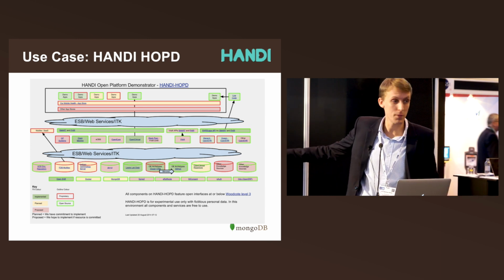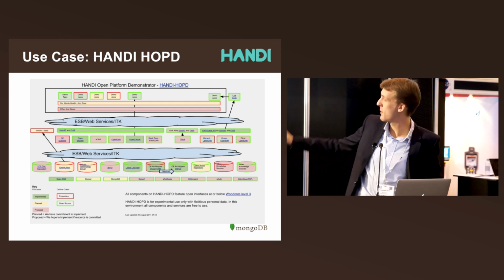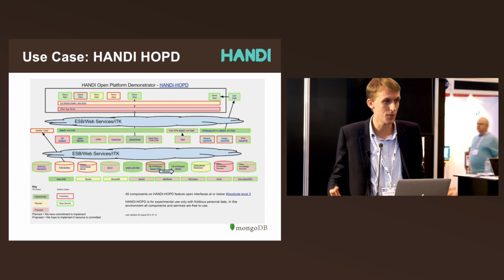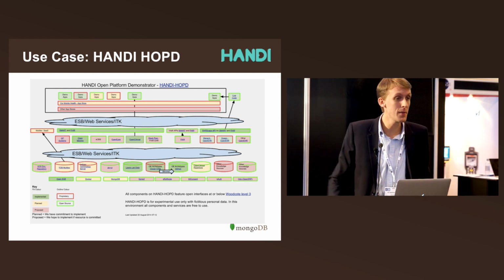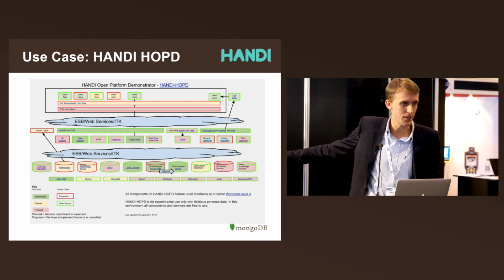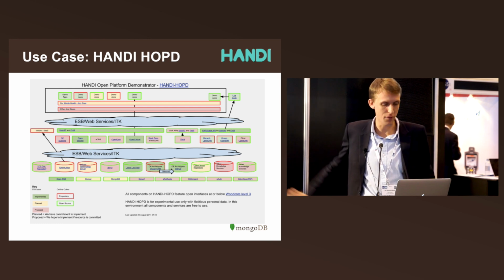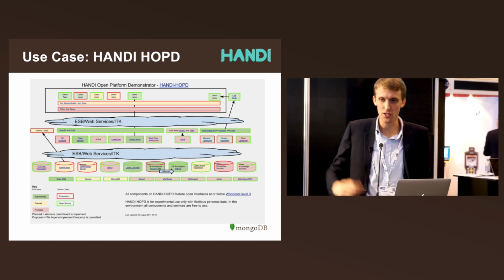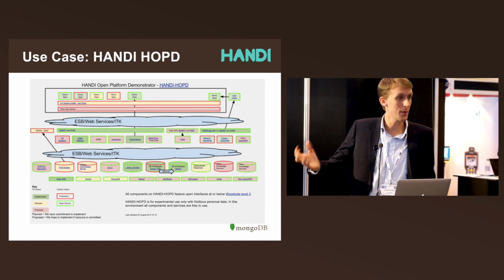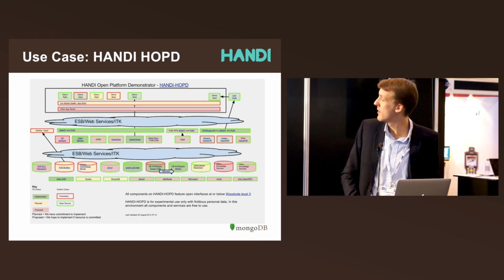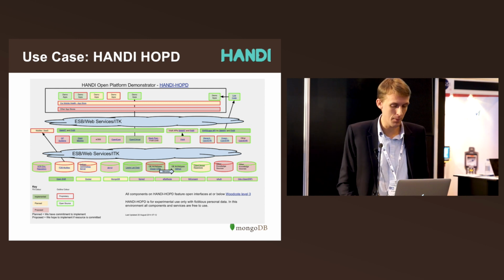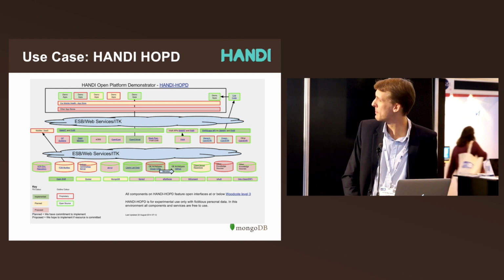So if you're interested in the Handy Hop, go and find the Handy guys. This concept demonstrator takes best-of-breed open source and tries to show what you can do with all of this technology, providing a means to build health applications without having to worry about the finer nuts and bolts, using much higher-level APIs so that people can get started a lot quicker and show results sooner. So we're going to be part of the Handy Hop. Come and find me if you're more interested.